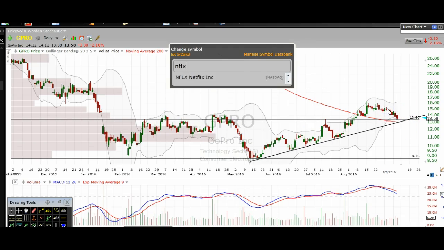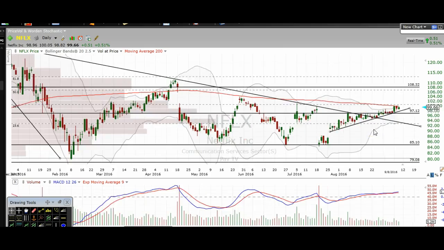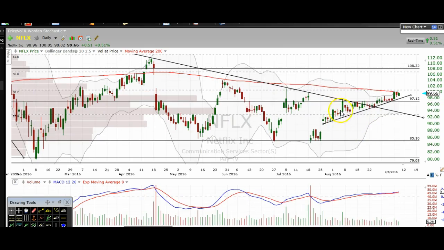Next, let's take a look at Netflix. So Netflix broke over this downtrend line here, here, here, here. Finally broke over it with this action. We have a short-term uptrend line. You can see how many touches we've gotten against it, so that's going to lead us higher. And then we've got support at about 97.15.